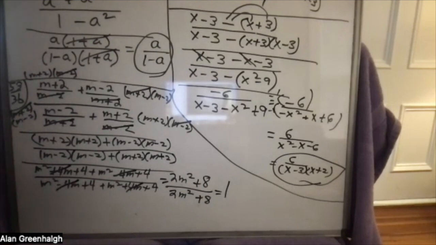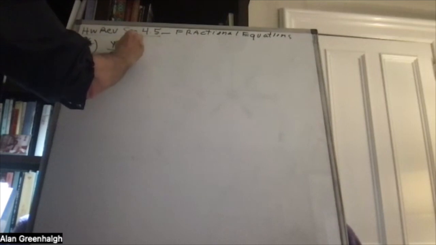Now I'll move on to chapter 4.5, which is fractional equations. For example, on page 56, problem 1b, y over 6 equals 4 minus y minus 1 over 12.